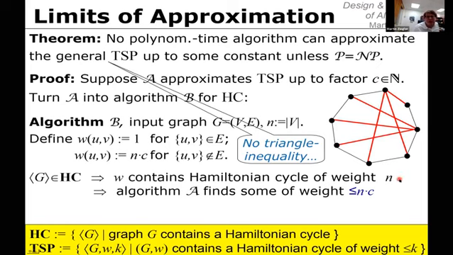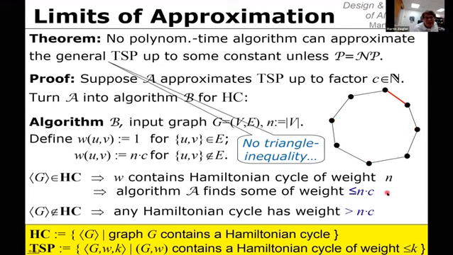So whenever there exists a traveling salesperson tour of total cost at most n, then the one proposed by the approximation algorithm will have cost at most n times c, right? That's the first case. When the original graph has a Hamiltonian cycle, then the approximation algorithm will return a traveling salesperson tour of total cost at most n times c.